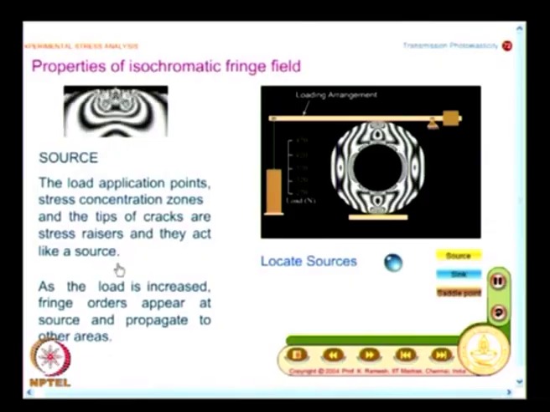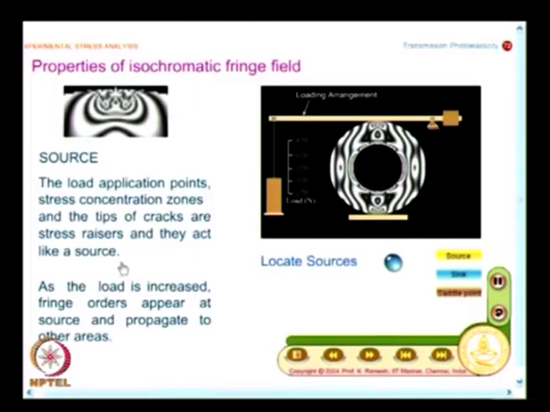So, when you increase the load, the fringes start to appear from this source and move out as the load is increased. These are the fringes that come first when load is applied. As the load is increased, fringes originate, and if you label the fringe order, the fringe order moves with the fringe as the load is increased.